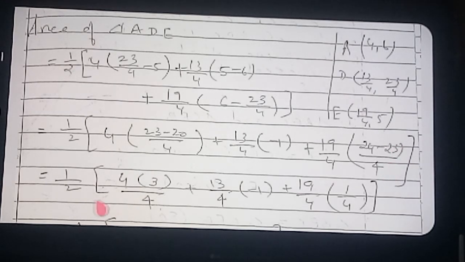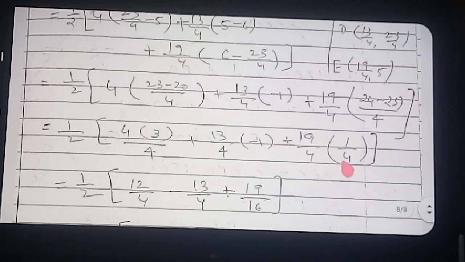Okay. So half into 4 into 3 by 4, 13 by 4 into minus 1, 19 by 4 into, here 24 minus 23, how much will come? 1 by 4. Okay, I am not cancelling this 4 so that we can make the calculation easy. So here 12 by 4, if you need you can cancel this 4 and 4.